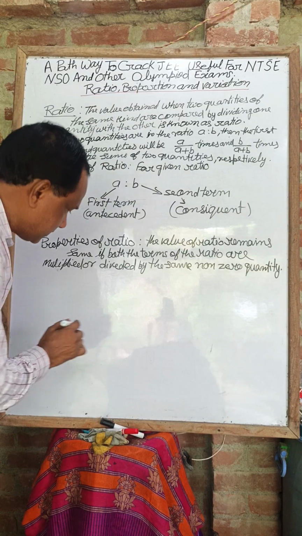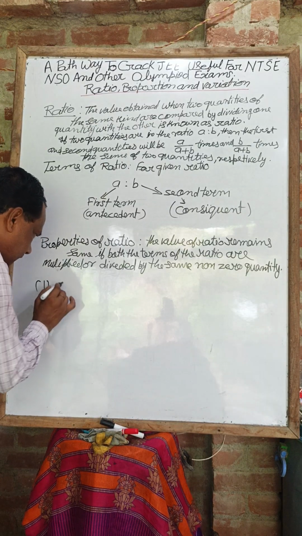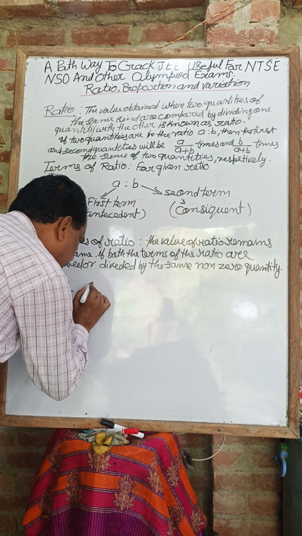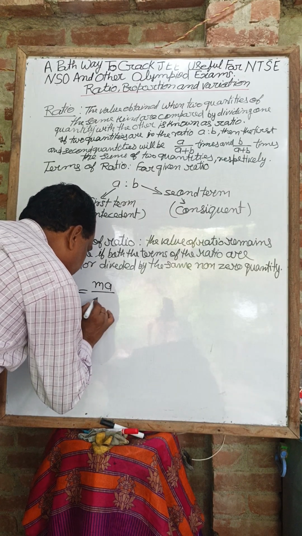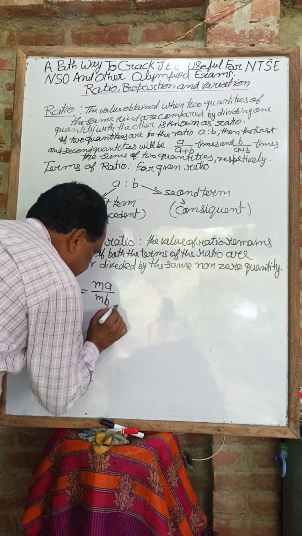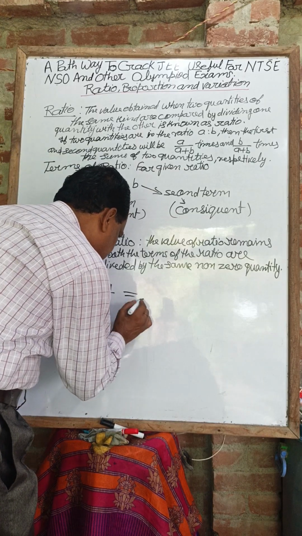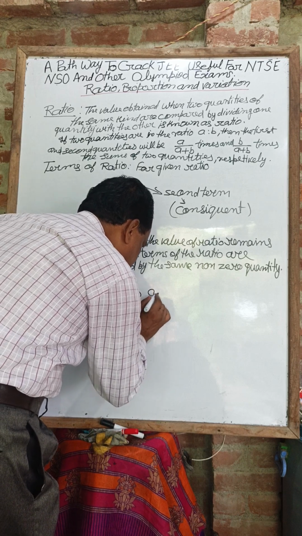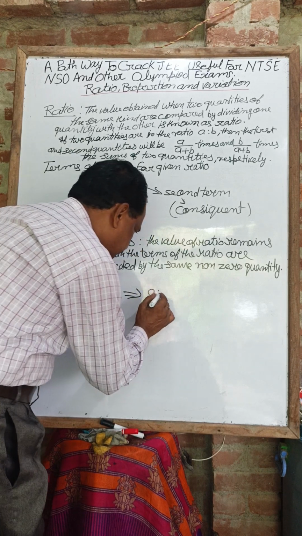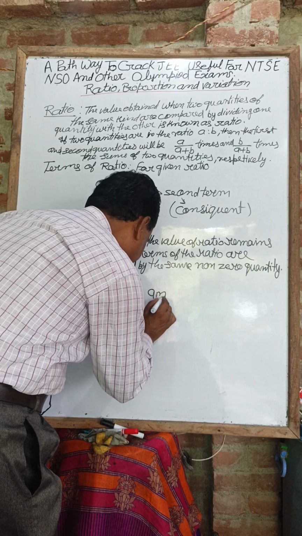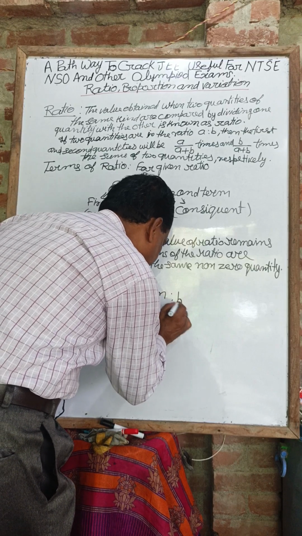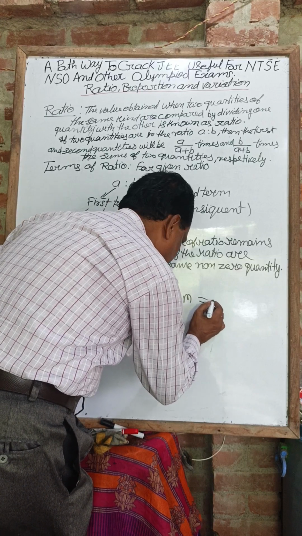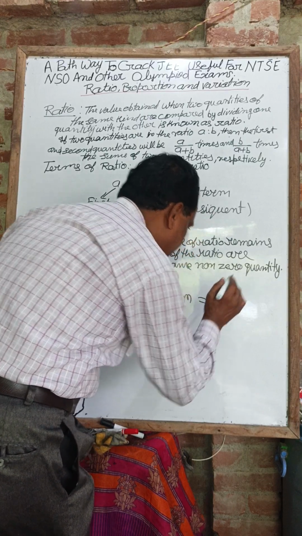As first, A over B is equal to m times A over m times B, which implies that A is to B, AM is to BM, is equal to A is to B.